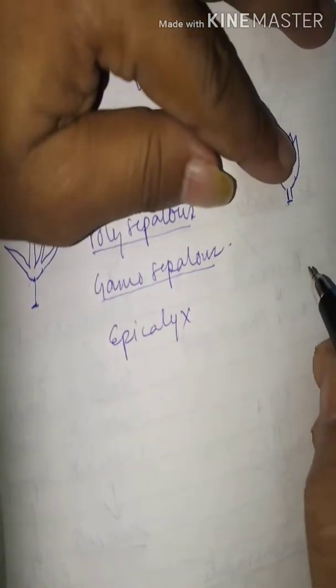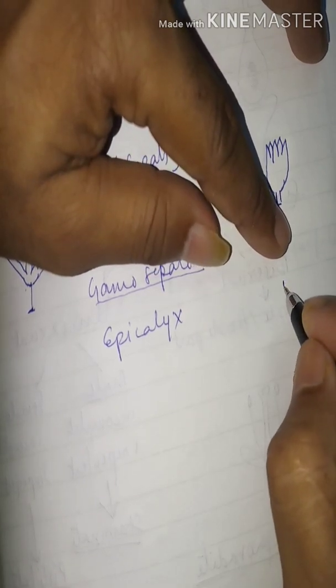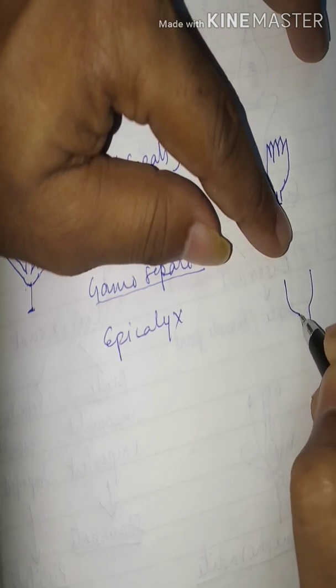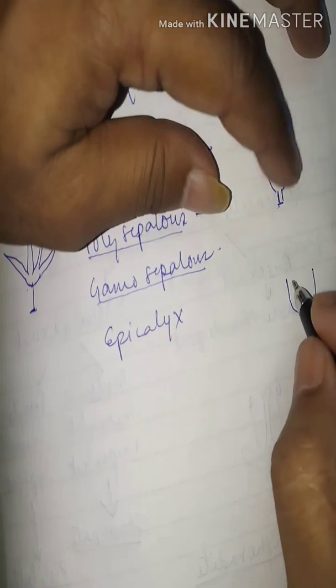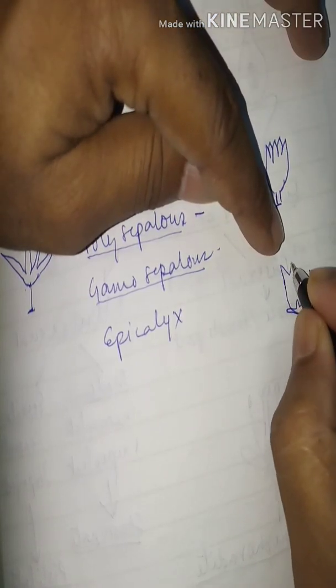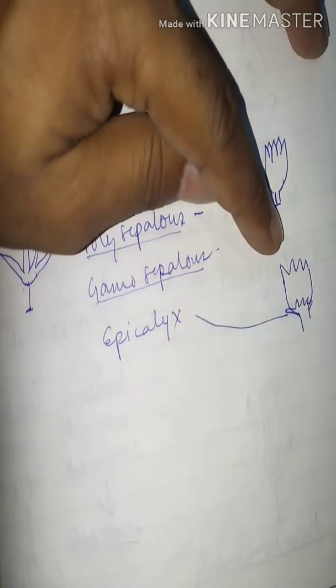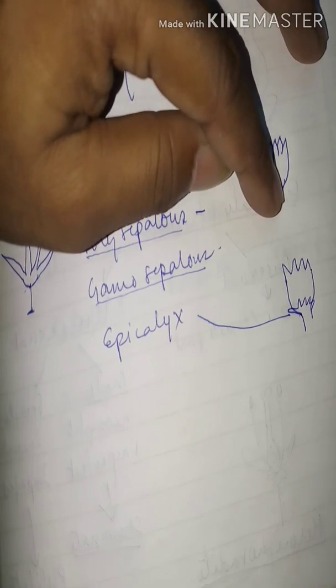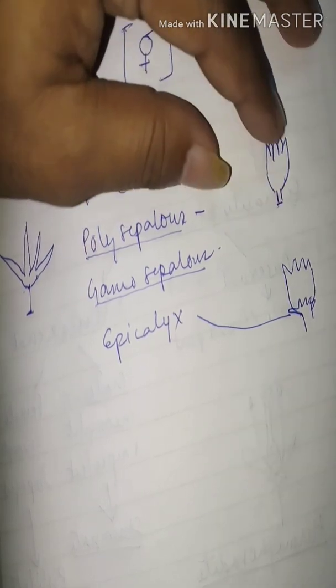In some flowers like hibiscus rosa-sinensis, that is China rose, in Hindi known as udhul, there is a series of small calyx just below the calyx, known as epicalyx.